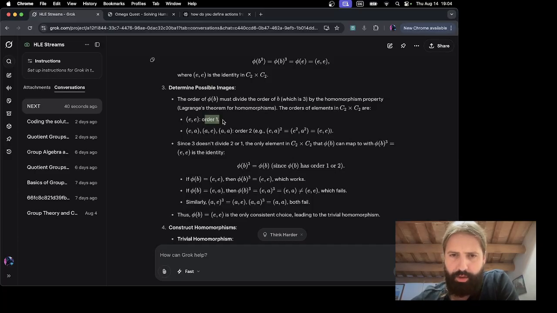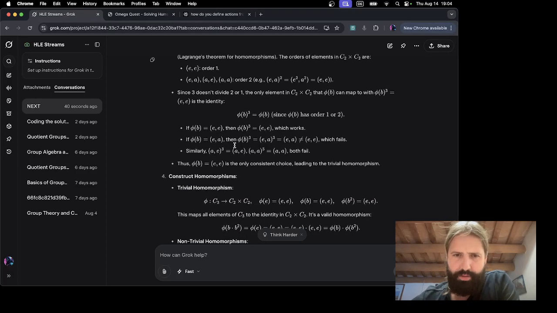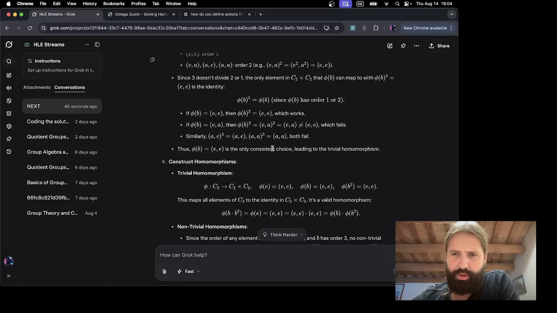Not so sure what that order means here, really. If it is E, then it's E, which works. Otherwise it fails. Similarly, this fails, because it's a bit of trial and error, right? But okay, that kind of makes sense. It's the only consistent choice, leading to the trivial homomorphism.